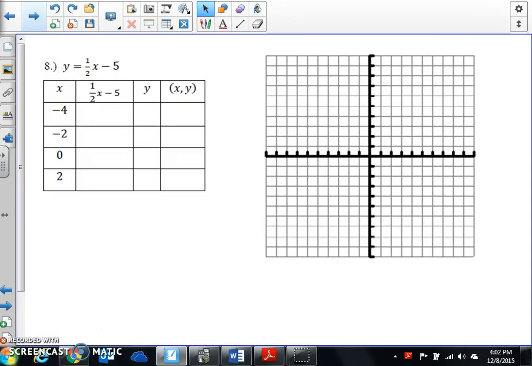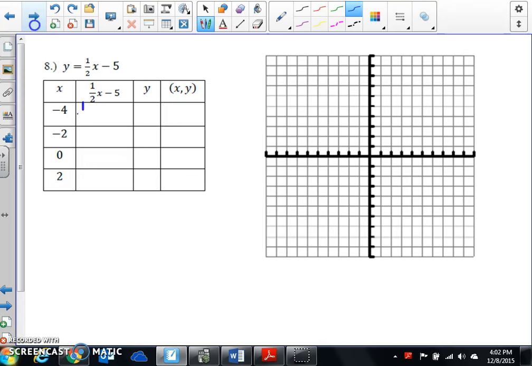Last example before your practice problems. So you can actually do two things. You can go ahead and turn 1/2 into 0.5 and multiply from there. But honestly, it's easier if you multiply by a half, it's the same thing as dividing by 2, right? If I multiply by 1/3, it's the same thing as dividing by 3. So I have a half.